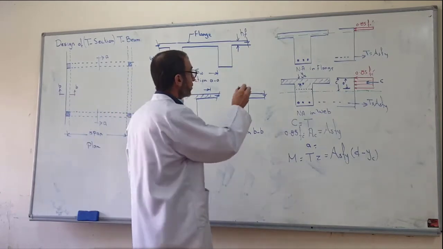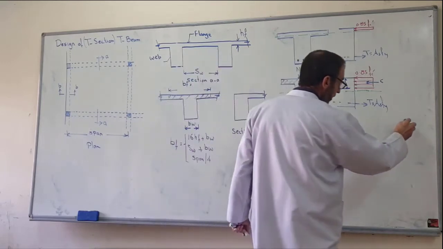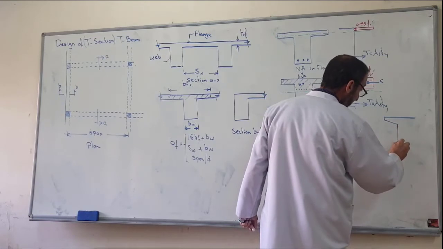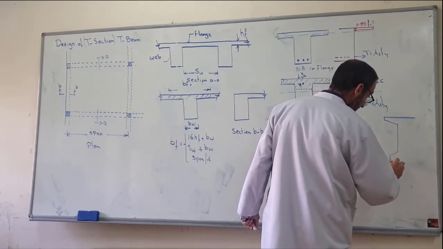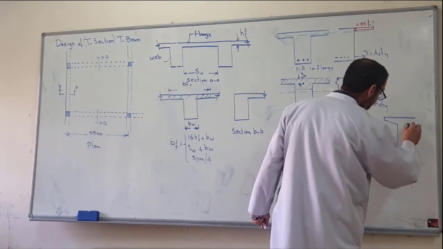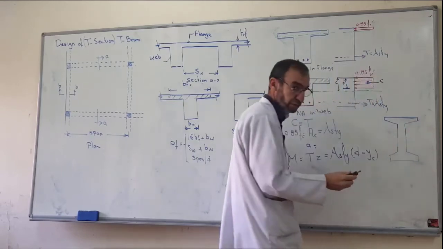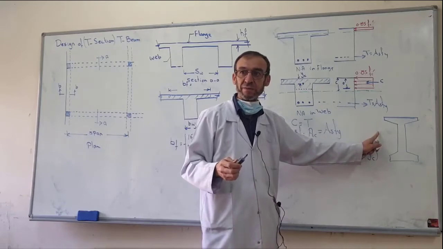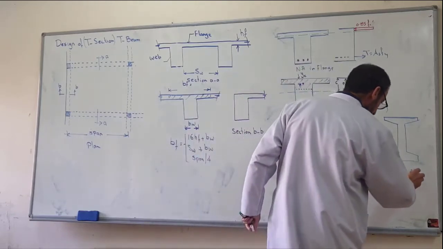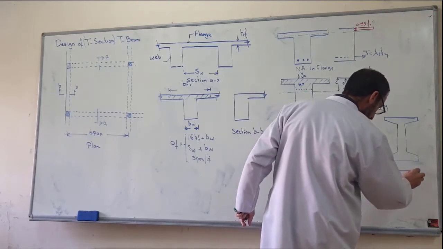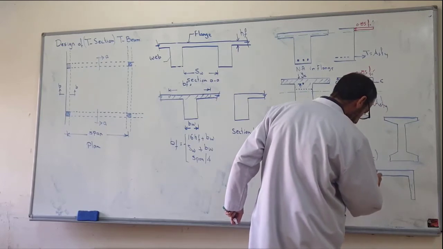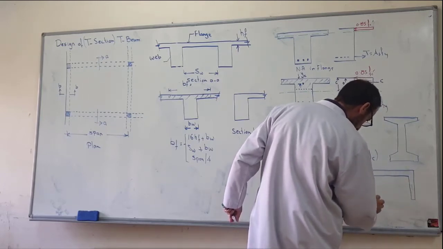For example, sometimes we have an I section, especially for bridges. The same idea. Sometimes I have the section in this way, inverted C or U, inverted U section.